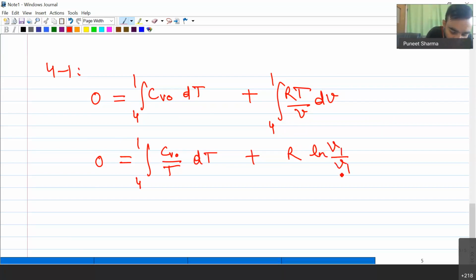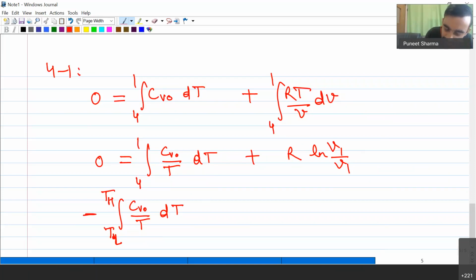Now I will take this R to the right hand side. If I change the side, I will find that CV naught divided by T into dT, obviously the temperature at point 4 is equal to TL and the temperature at point 1 is TH, and this will come with a minus sign.